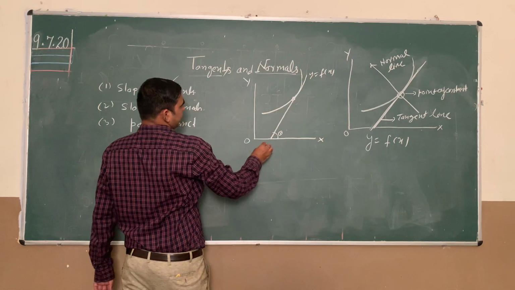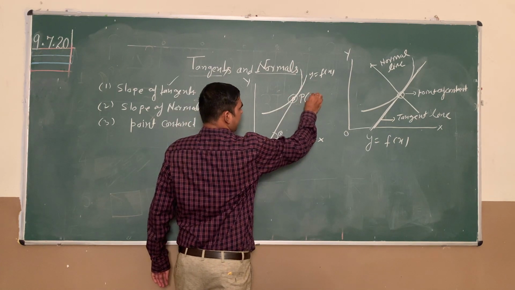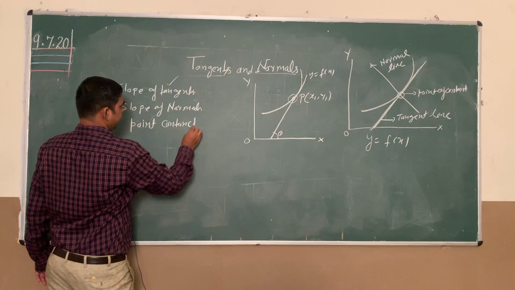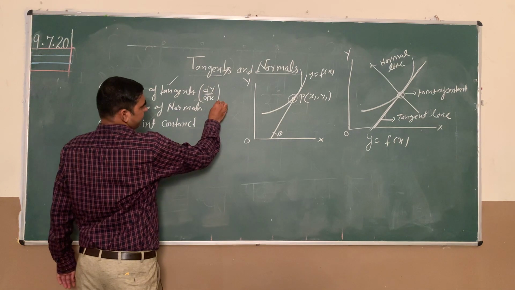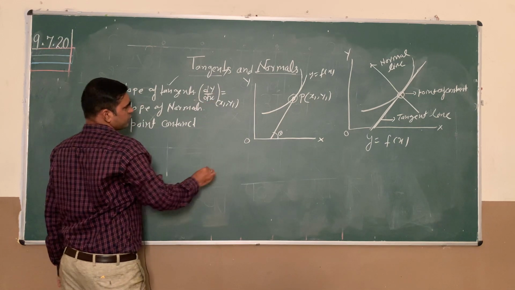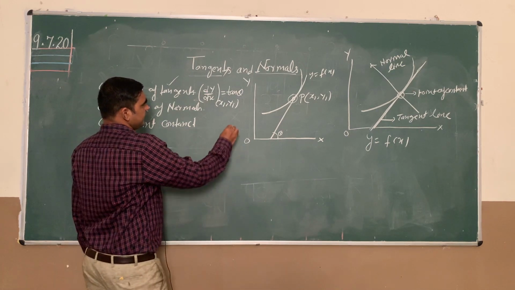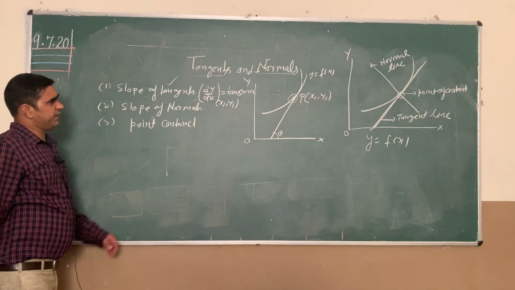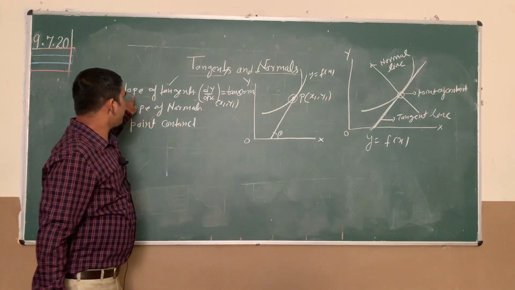Then the slope of tangent at this particular point P, whose coordinates are x1 comma y1, will be denoted by dy by dx at this point x1 comma y1, and this will also be equal to tan theta, and this tan theta is denoted by m. So dy by dx of a given curve at a particular point is known as slope of a tangent.